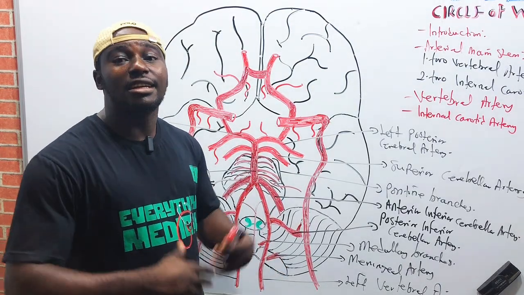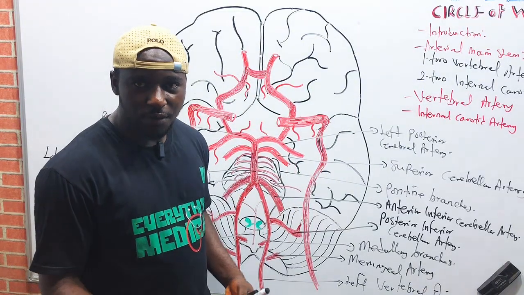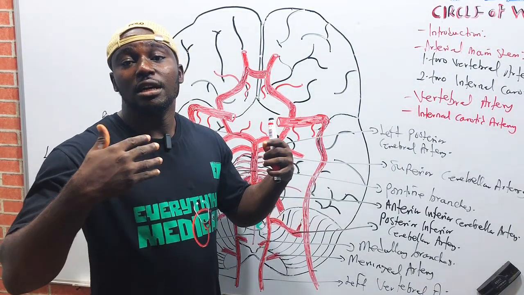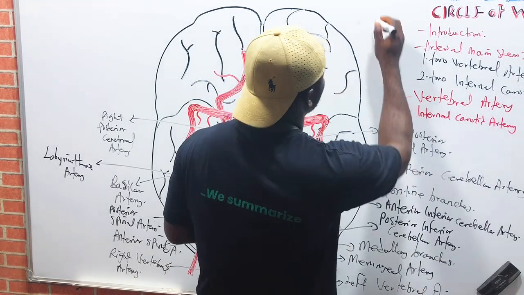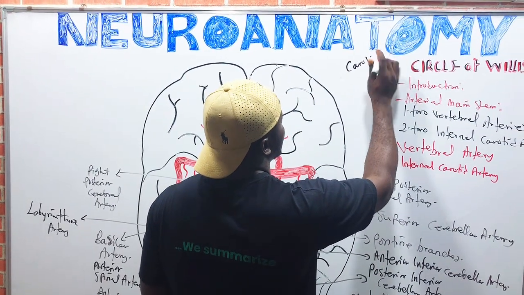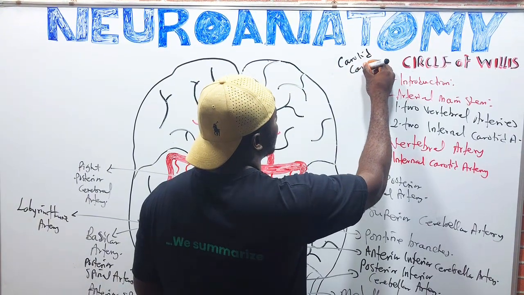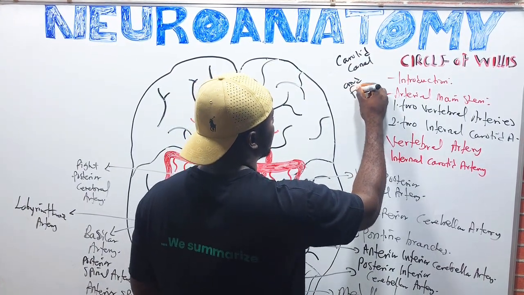It then enters the cranial cavity by passing through the carotid canal and the superior part of the foramen lacerum.